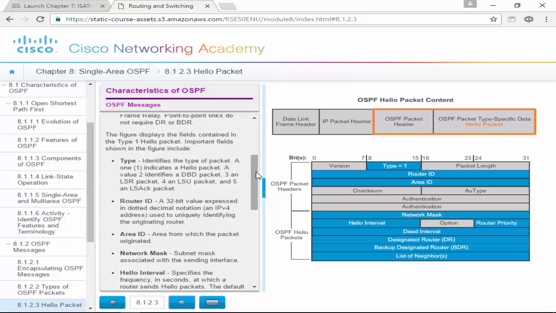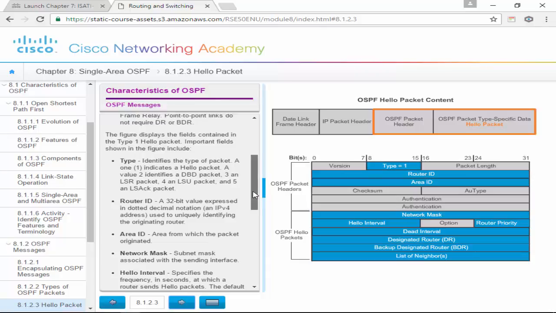Depending on the type of network we're in, we elect a designated router or not, but we do that through the router ID. The area ID is what OSPF area we're in, so for single area, hopefully it's area 0.